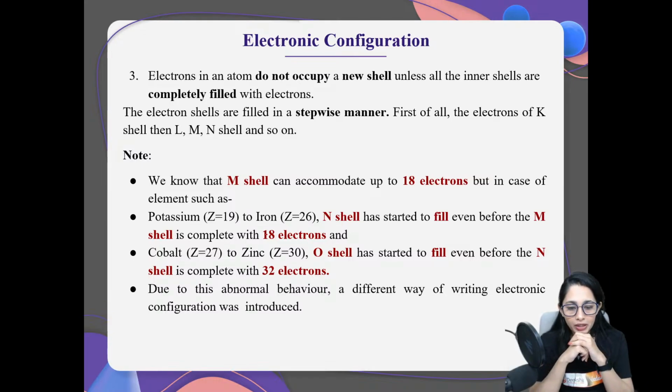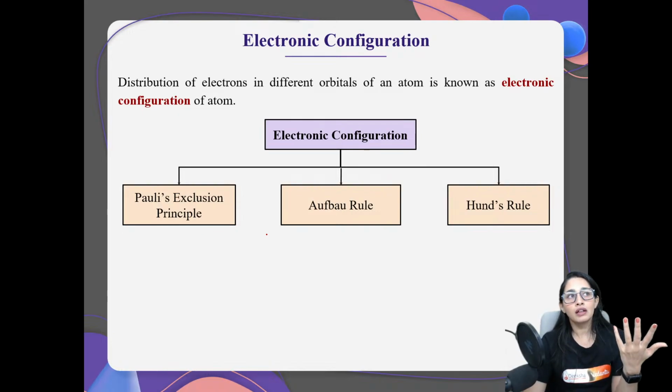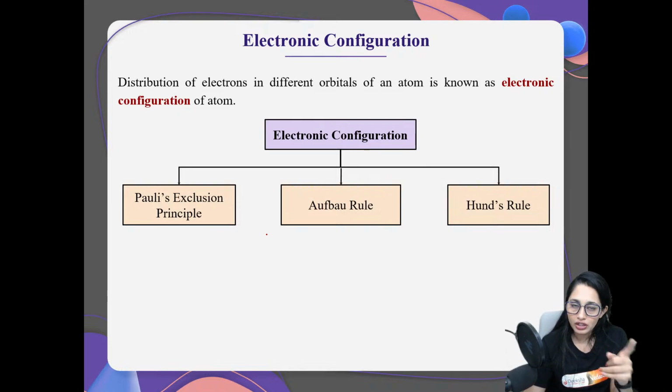Due to this abnormal behavior, a different way of writing electronic configuration was introduced. The distribution of electrons in different orbitals of an atom is known as electronic configuration. So how do we write electronic configuration? Previously we followed the Bohr-Bury scheme, but that was not sufficient for writing the electronic configuration of higher elements, with greater atomic number.